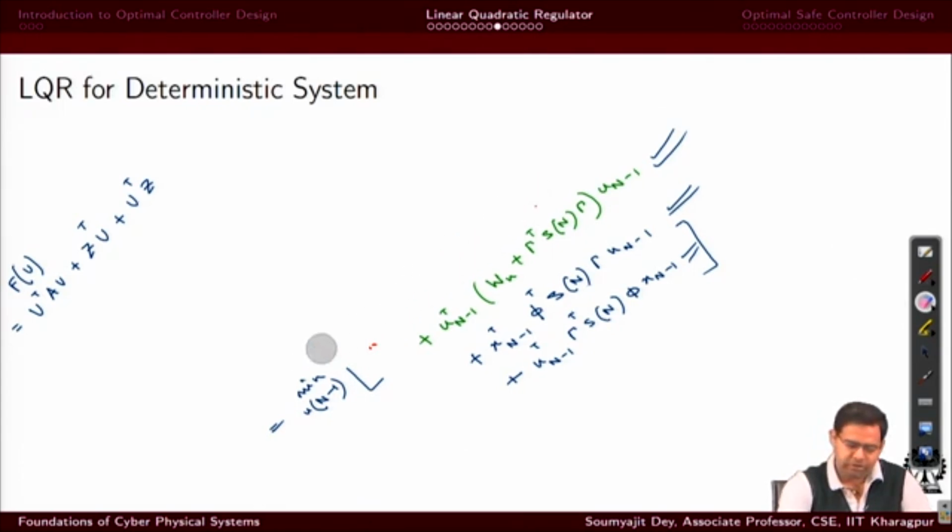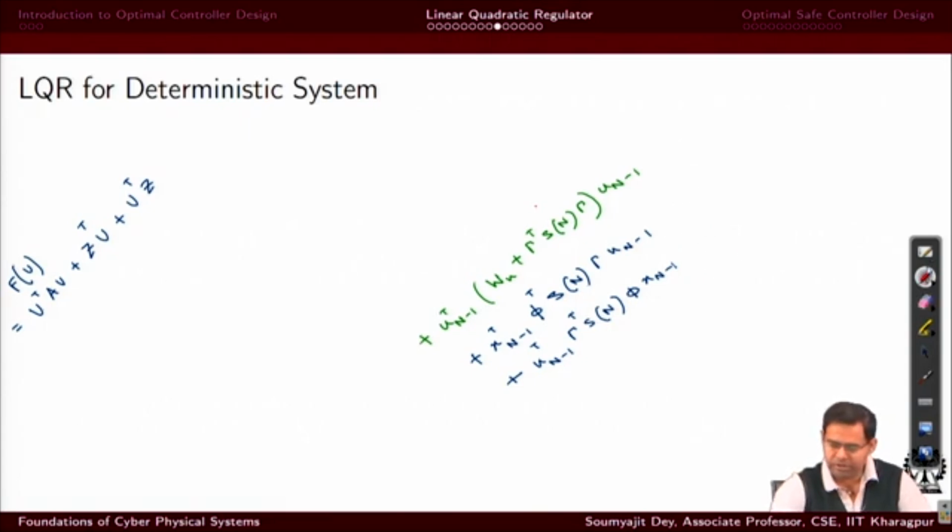We do not need to bother about this because this does not have u, but what we have effectively done here is we have considered this as u transpose A u.